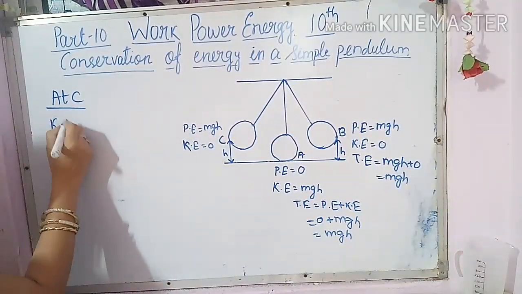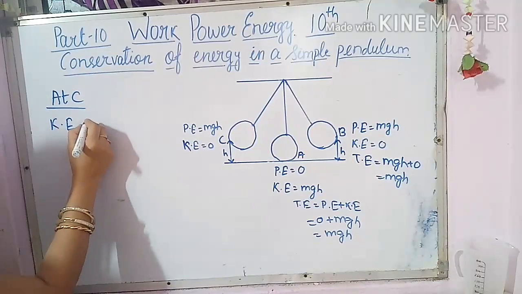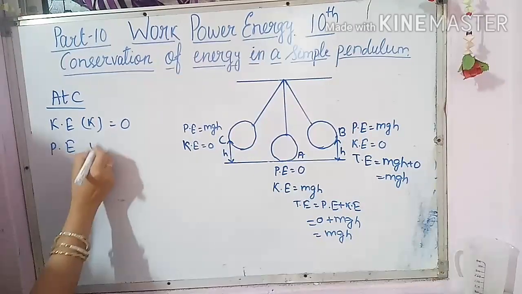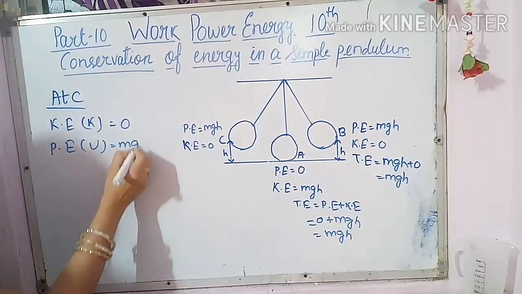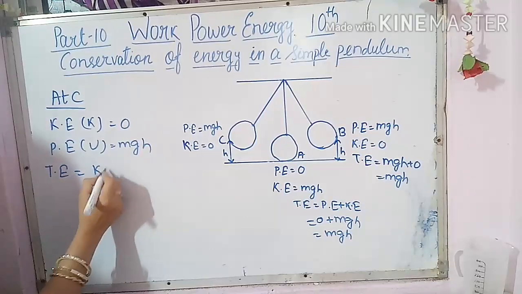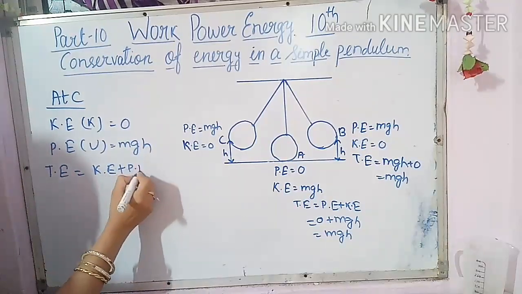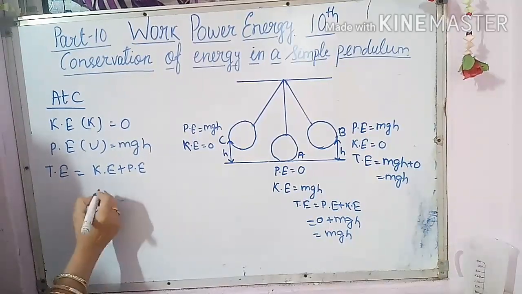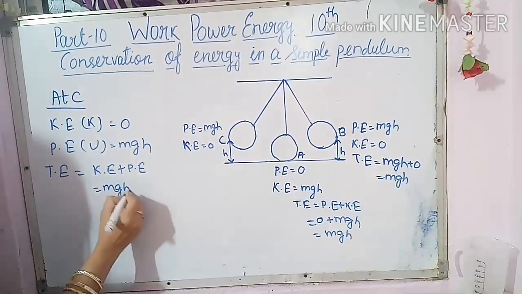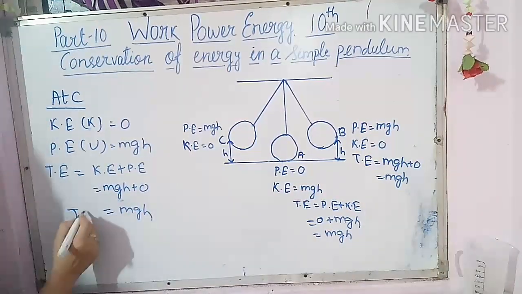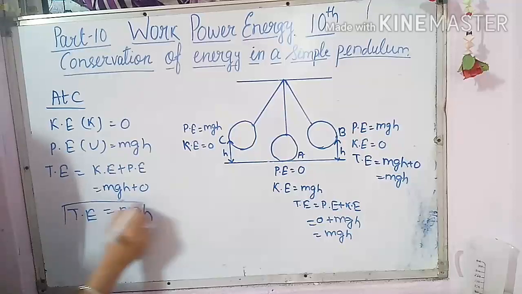So you can write that at the position C, kinetic energy K equal to 0, potential energy U equal to mgh. Now you can find out the total energy, that is Ke plus Pe, that is mgh plus 0, that is mgh. So here also you will get the total energy mgh.